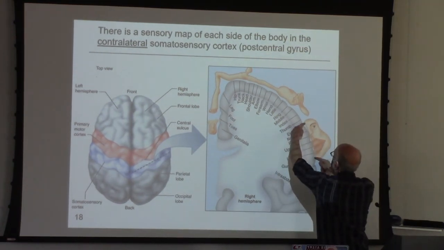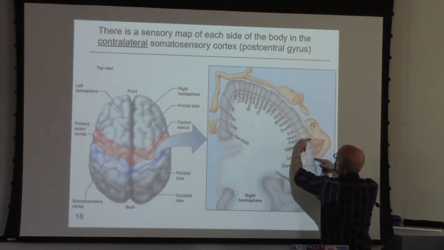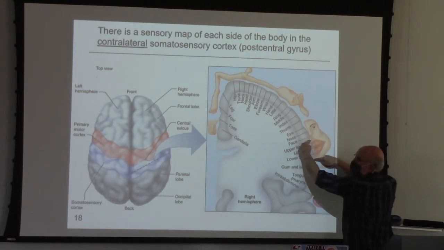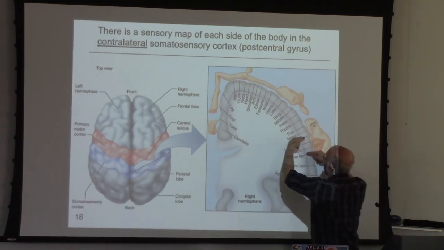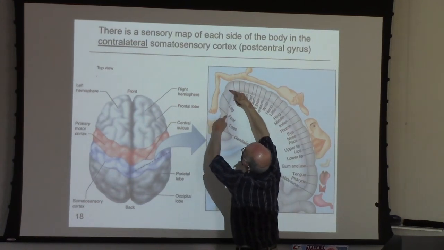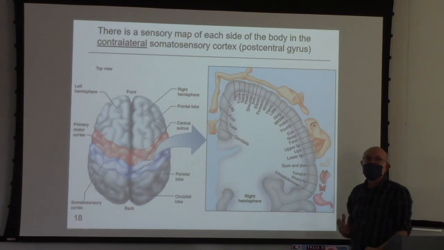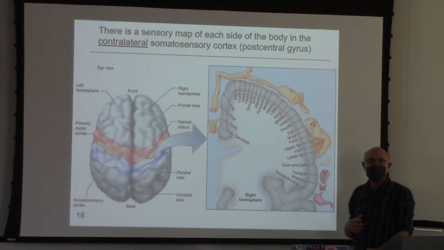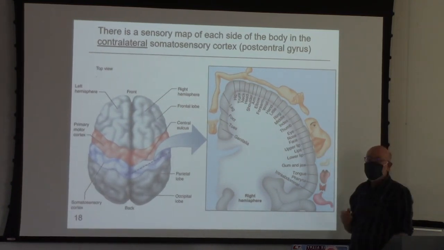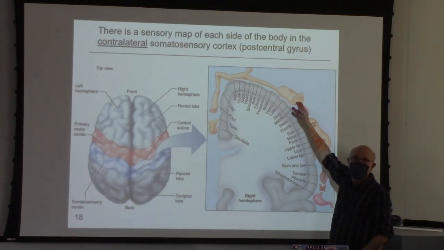The same amount of cortex that handles just the lower face handles the entire leg because it's just less critical information. And the hand is somewhere in between.